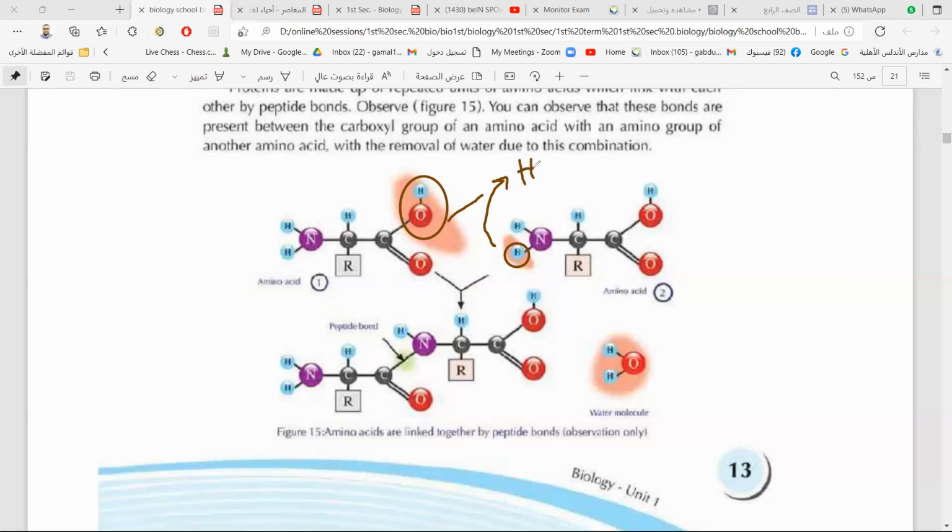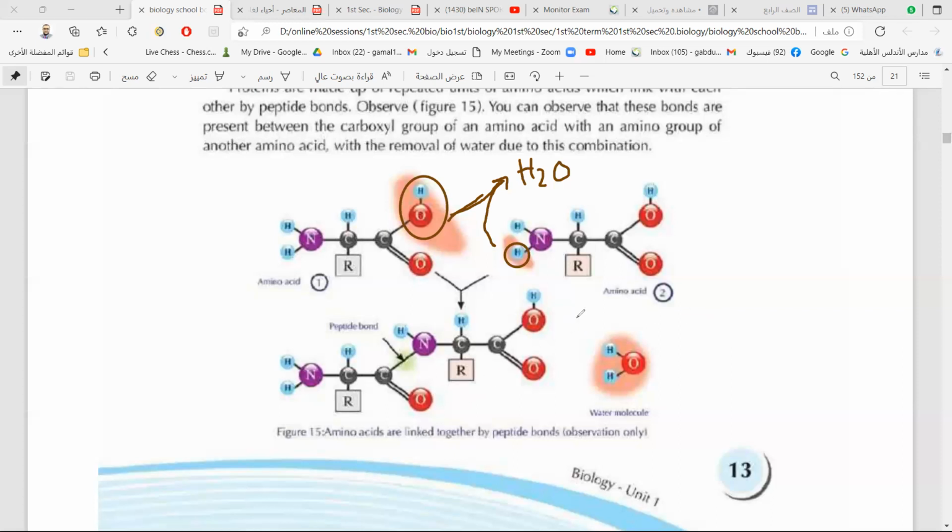By removing one water molecule from the two amino acids, we make the peptide bond between them, and we make a new molecule made of two amino acids. We can call it a dipeptide molecule.